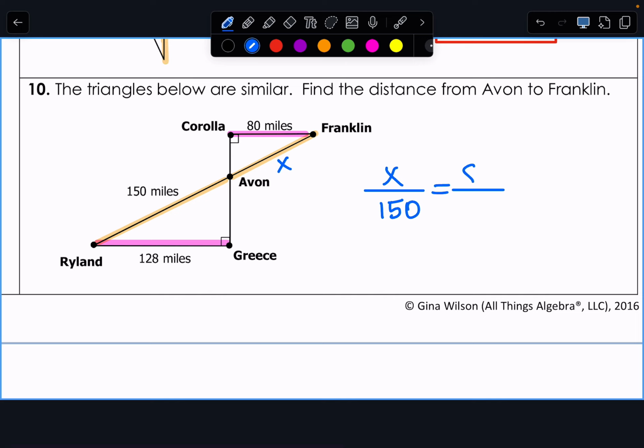Landon is saying 80 over 128. Is he correct? Why? X over 150. So we went small over large. So we need to go small over large. I agree with the 80 over 128. Okay. All right. Solve it.